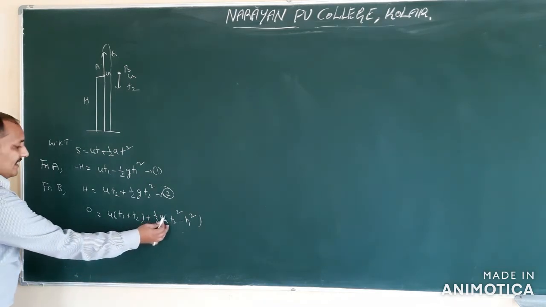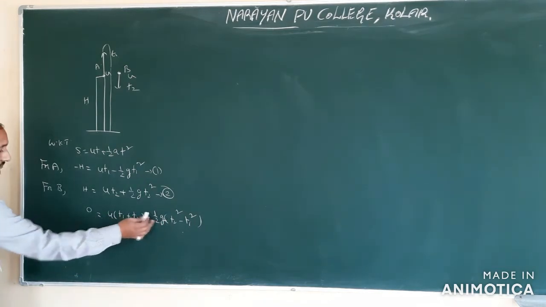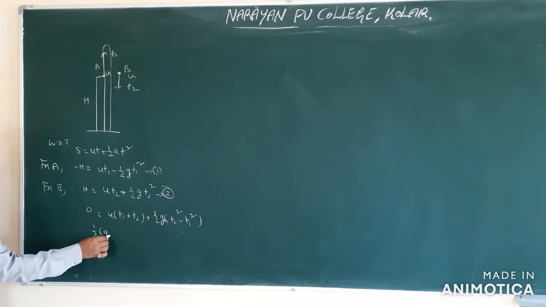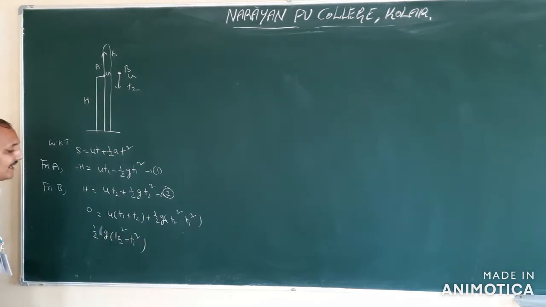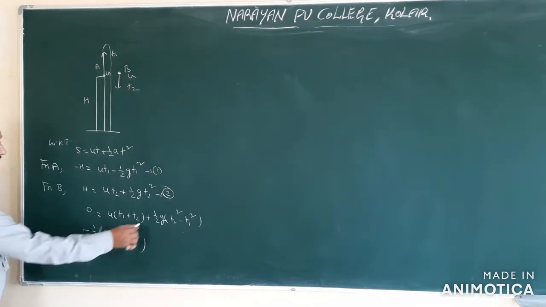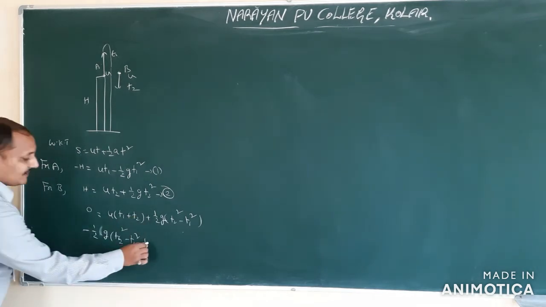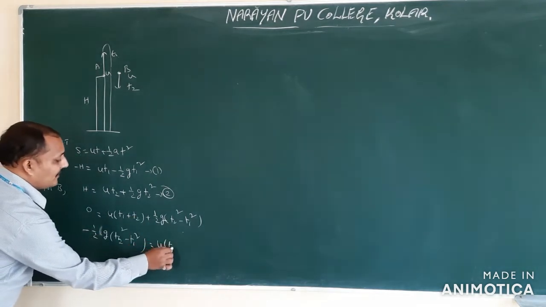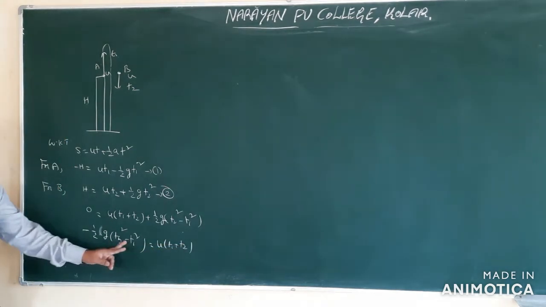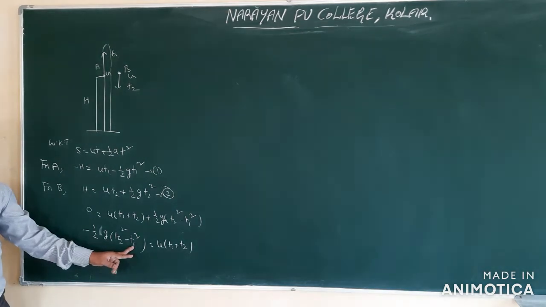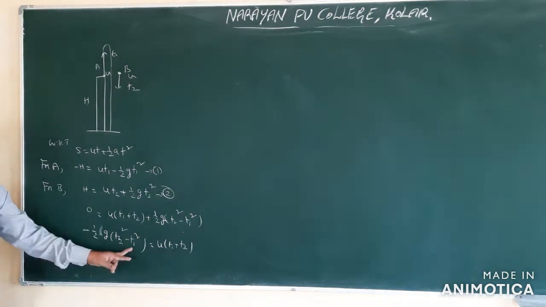So you can bring this one to this side: minus half g (T2 square minus T1 square) is equal to u into (T1 plus T2). A square minus B square can be written as (A plus B) into (A minus B).